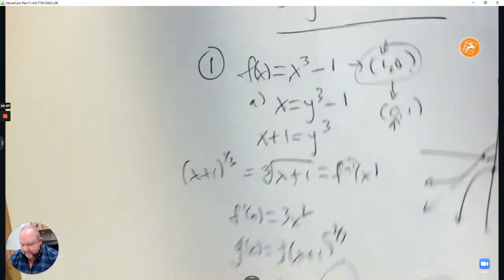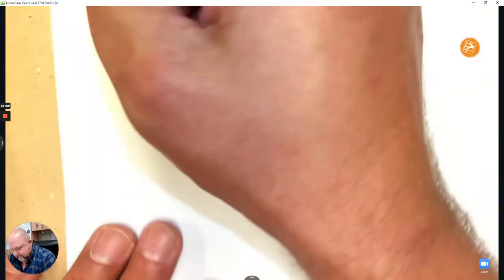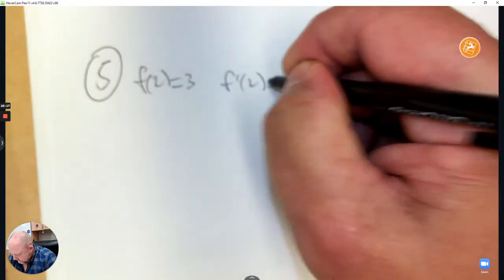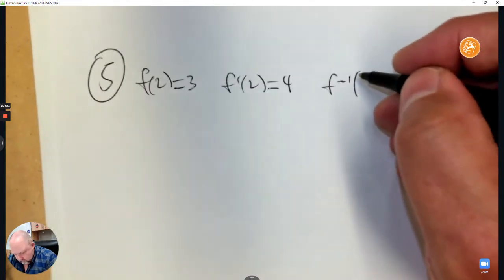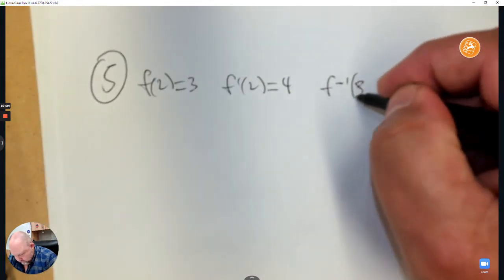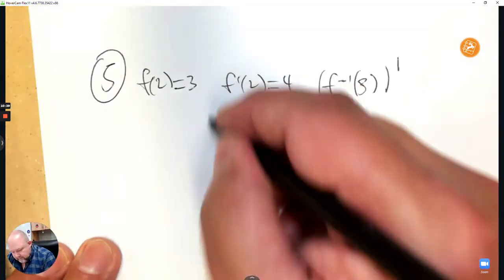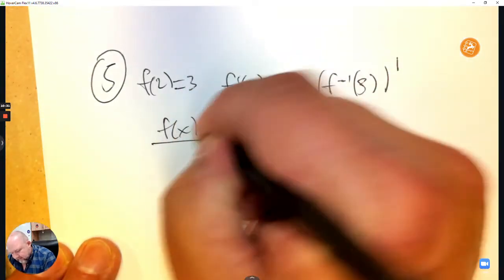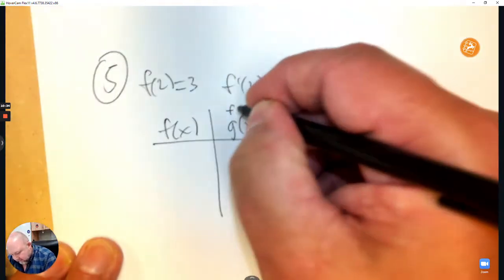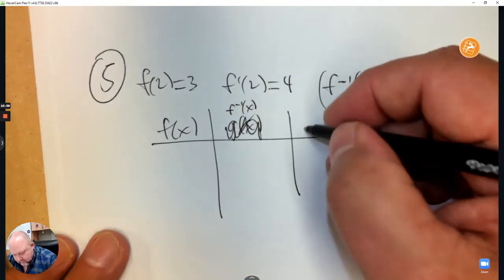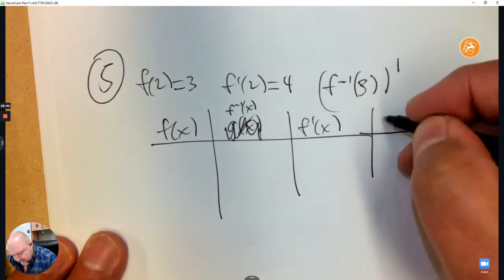Number 5. So I'm going to chart this. We have f of x, g of x is the inverse, let's call it, and then the derivative and the derivative.